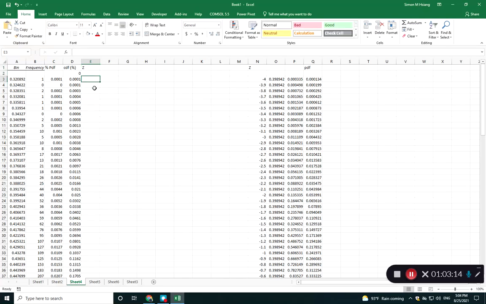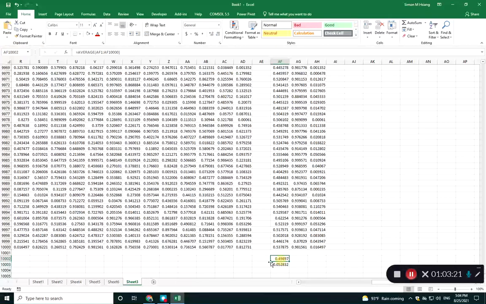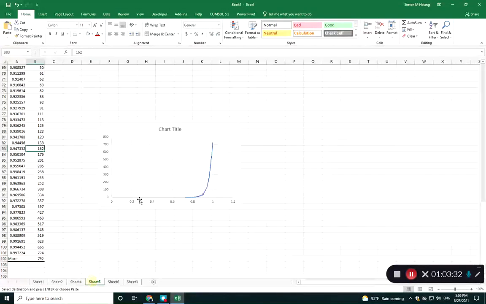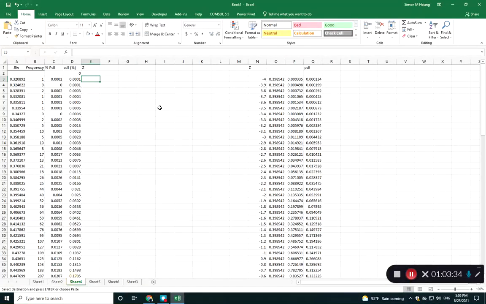All I need to do is use this. Let me copy paste that number so it looks accurate. So this is the mean, and here is the standard deviation. So let me just copy and use that. Paste special, value.